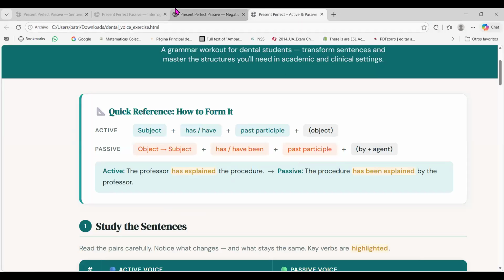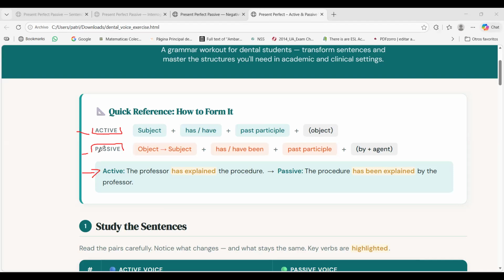So a structure of both active and passive. Different emphasis. My dear Deborah Marcella, are you there? Yes, teacher. My dear Deborah, could you read structures and examples?